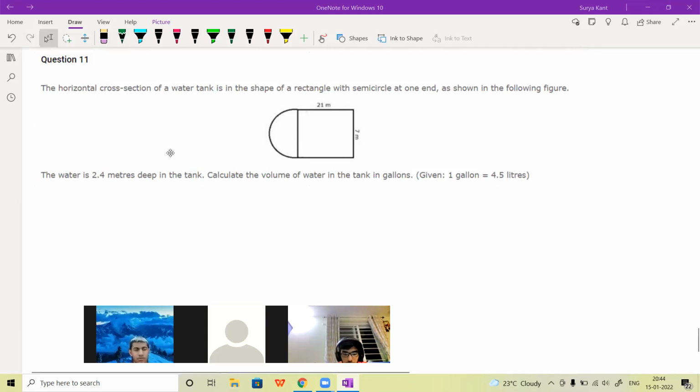Horizontal cross section of water tank is in the shape of a rectangle with a semicircle at one end as shown in the following figure. Water is 2.4 meters deep, means 2.4 meters. Can you understand?